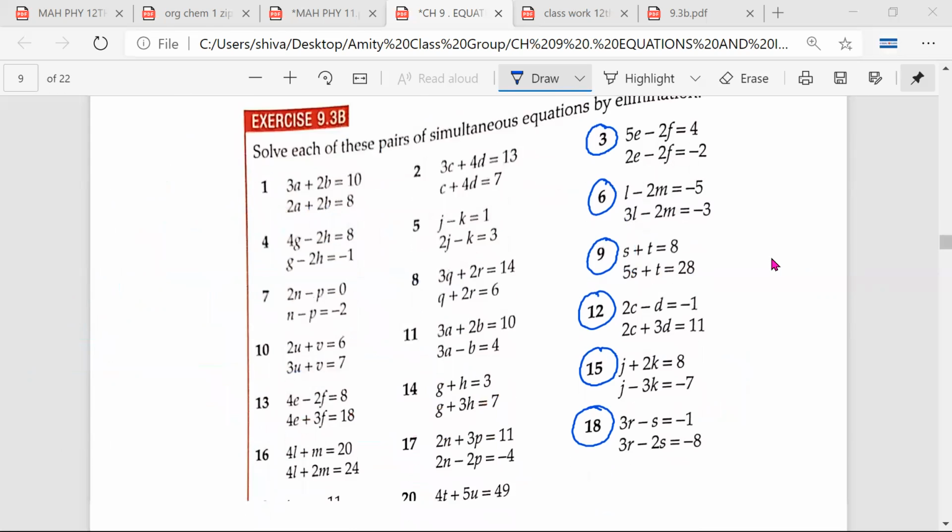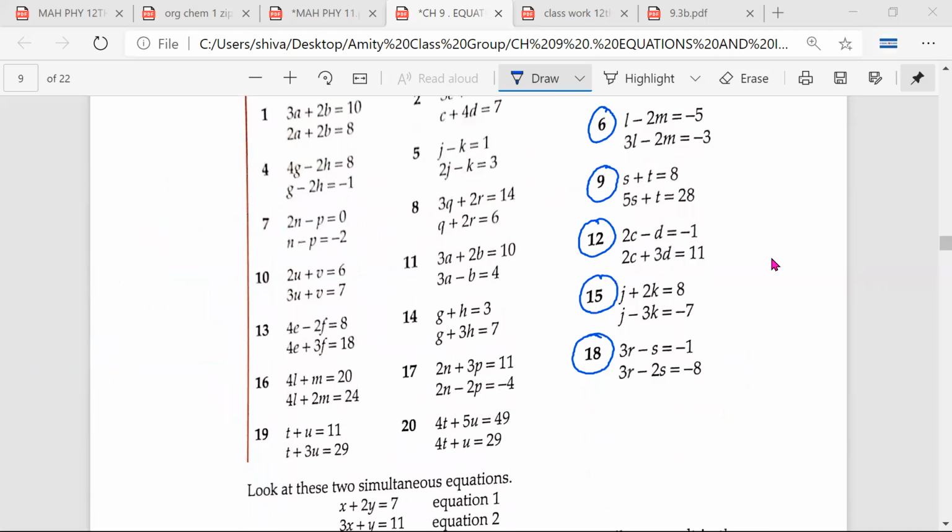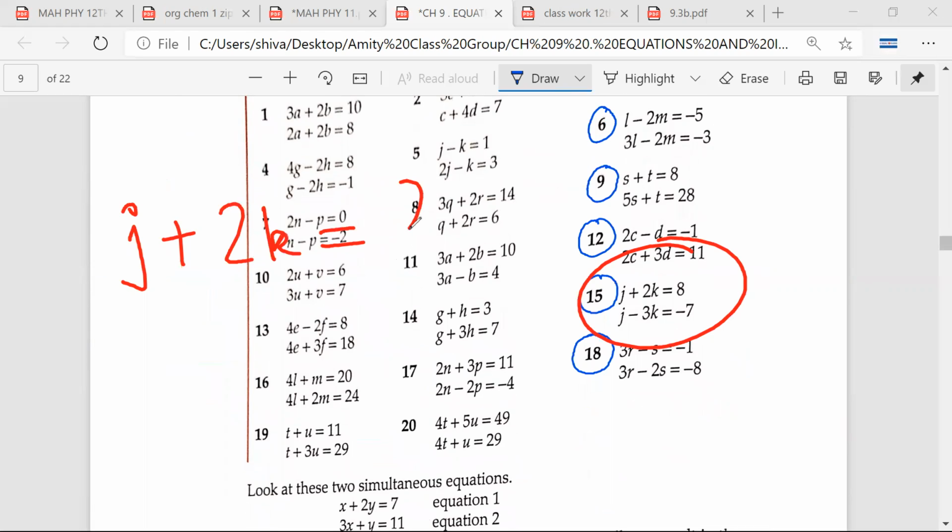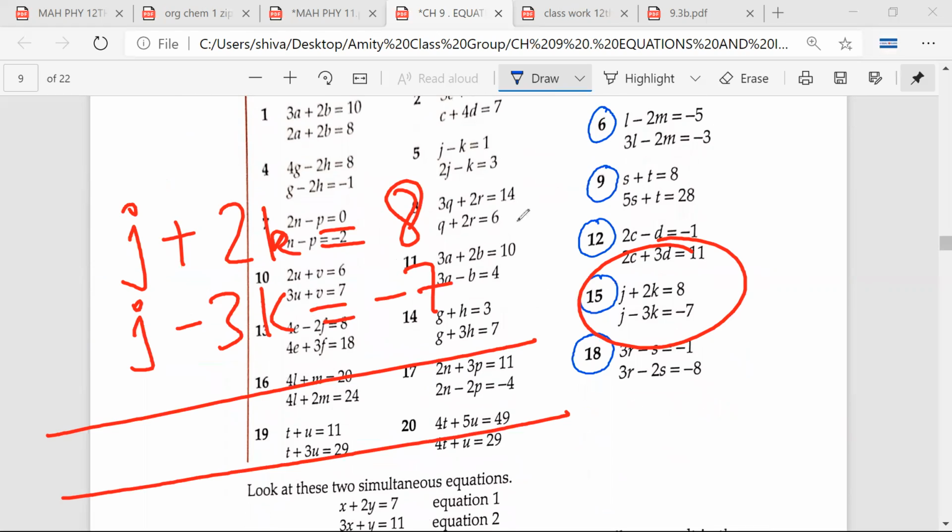We'll do one more question. So j plus 2k is equal to 8. j minus 3k is equal to minus 7. So Sanviji, what should I write? So it will be minus, minus, plus.